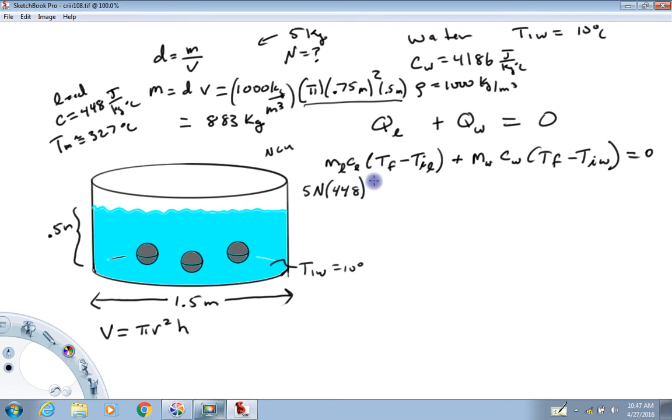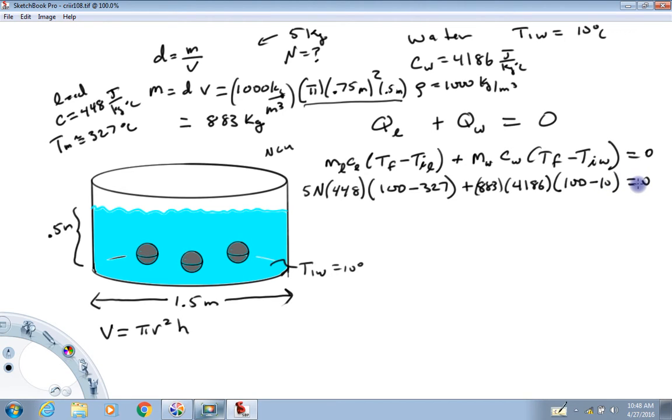T final minus T initial is going to be 100 minus the initial temperature of the lead, which is 327, plus the next term, the mass of the water, 883 kilograms, times the specific heat of water, 4186 joule per kilogram degree centigrade. And then T final minus T initial is going to be 100 minus 10, equals 0.